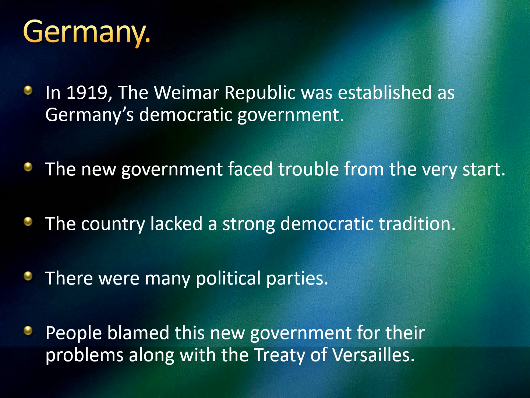There were also many political parties in Germany, and when the Weimar Republic comes about, many people are going to blame this new government for a lot of their problems, and they're also going to blame the new government for the Treaty of Versailles. Remember, the Treaty of Versailles ended World War One, and it punished Germany a lot for the causes of the war, and many people were not happy with that, so they blamed their government for agreeing to this treaty.